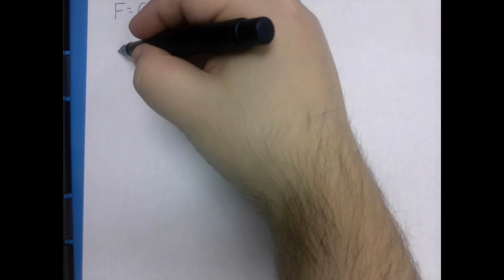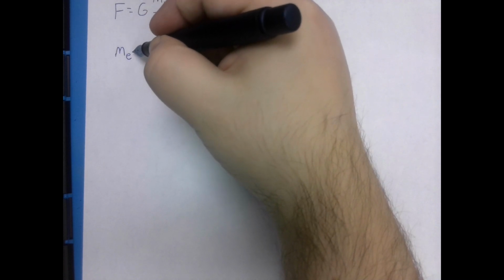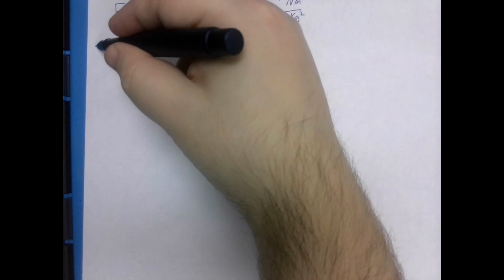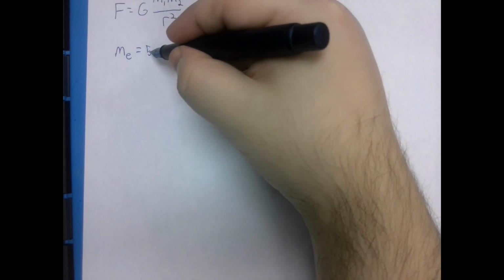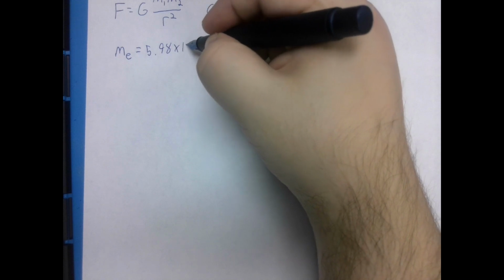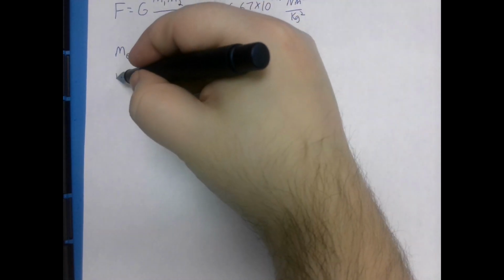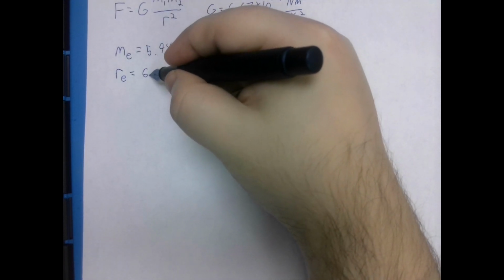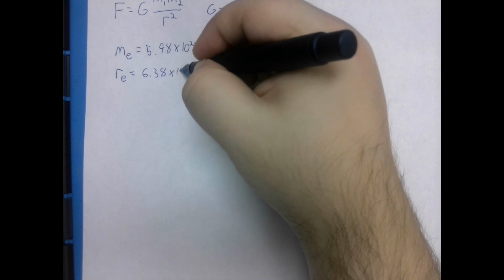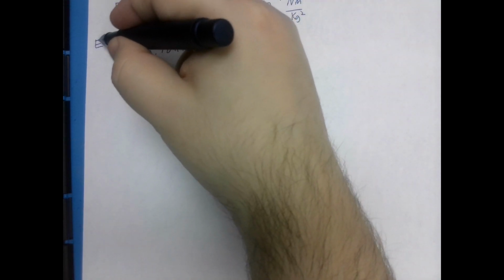So let's provide some masses. Mass of the Earth is 5.98 times 10 to the 24 kilograms. And the radius of the Earth is 6.38 times 10 to the 6 meters.